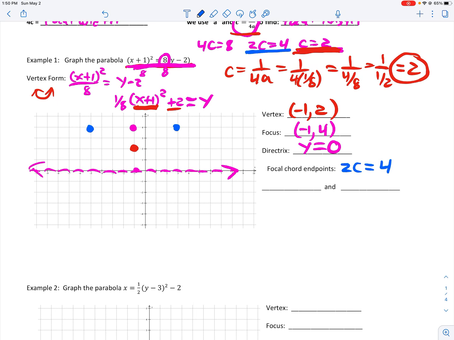Because it opens up. So I always go to the focus, and I'm going 4 units from that point, and it opens up, so I'm going to go sideways. So this would be at 3, 4, and this would be at -5, 4. And again, the order in which you write these does not matter. You could write -5, 4, and then 3, 4 if you want.